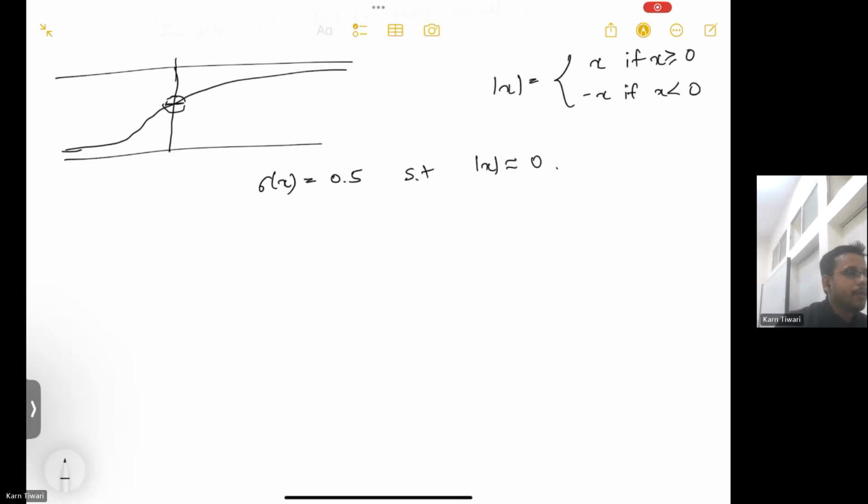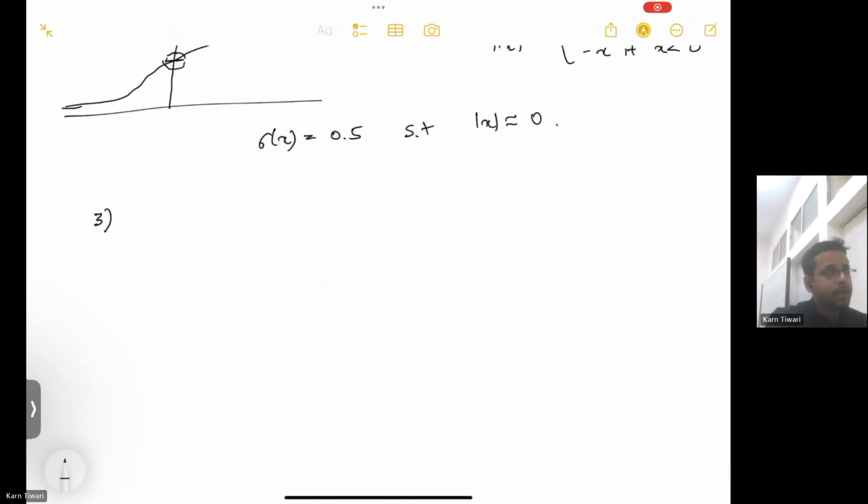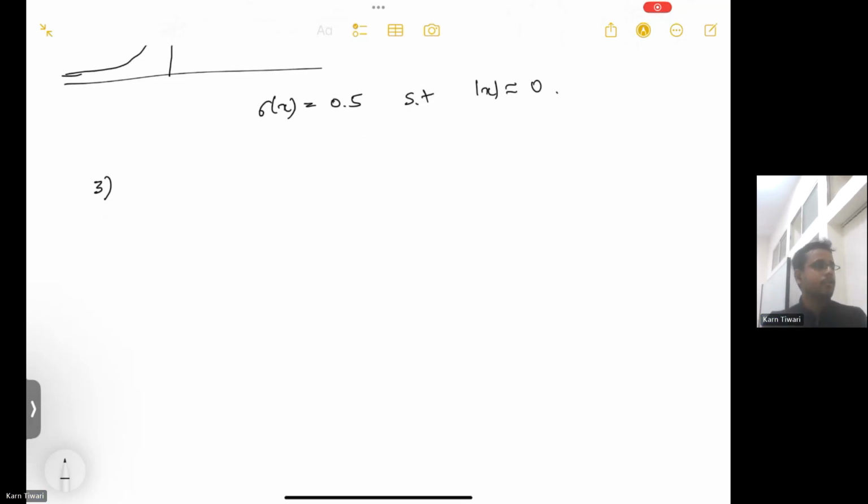Now the third question. The third question is: which of the following theorems states that a neural network with a single hidden layer containing a finite number of neurons can approximate any continuous function? I hope you are familiar with the answer.